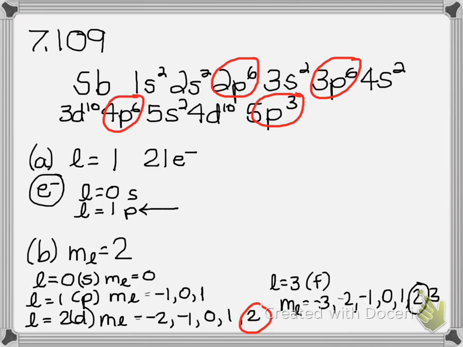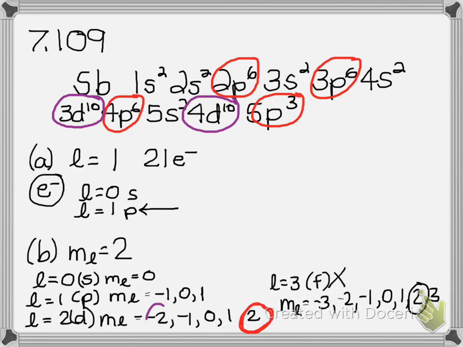But looking at antimony, I don't have any F's, so I won't have to look at that. So what I want to look at, if you see here, there's a 2 in my D's. So I'm going to look at my d orbitals. So I have d orbitals right here and d orbitals right here.